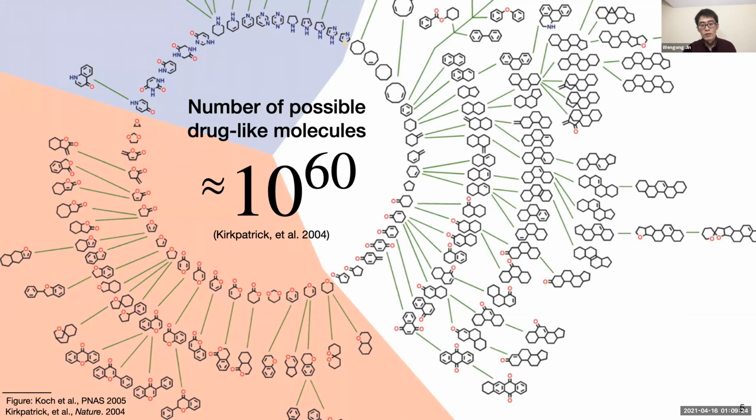The challenge comes from the size of the chemical space. The number of drug-like molecules is estimated to be around 10 to the 60th. People give different numbers if you ask different people, but it's usually around 10 to the 30s to 60s.